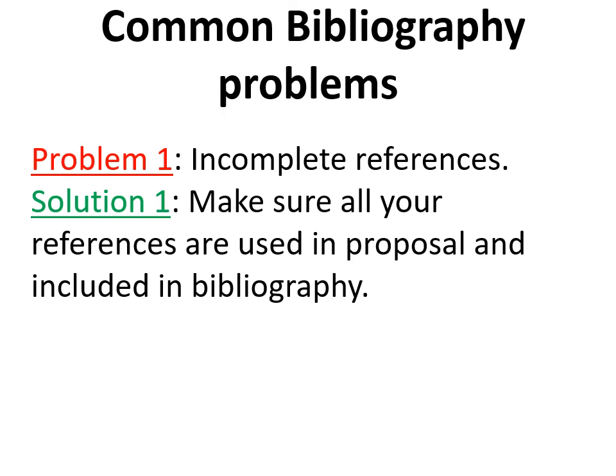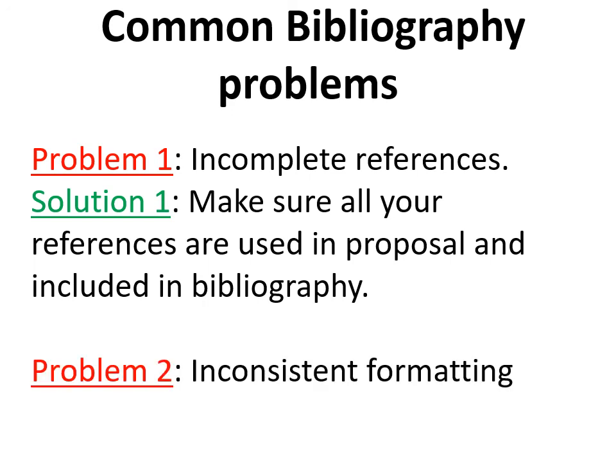So you want to make sure that the number of sources you have matches the number of sources used in your proposal, and you want to make sure that they include complete information and that they are consistently formatted.